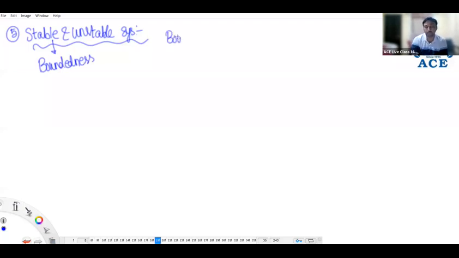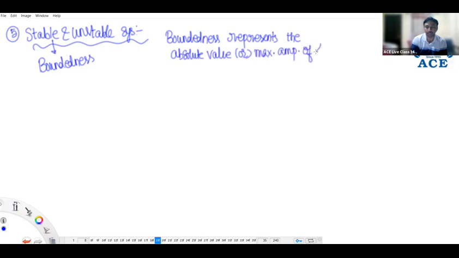Boundedness represents the absolute value or maximum amplitude of the signal. We are speaking about amplitude here, sir.